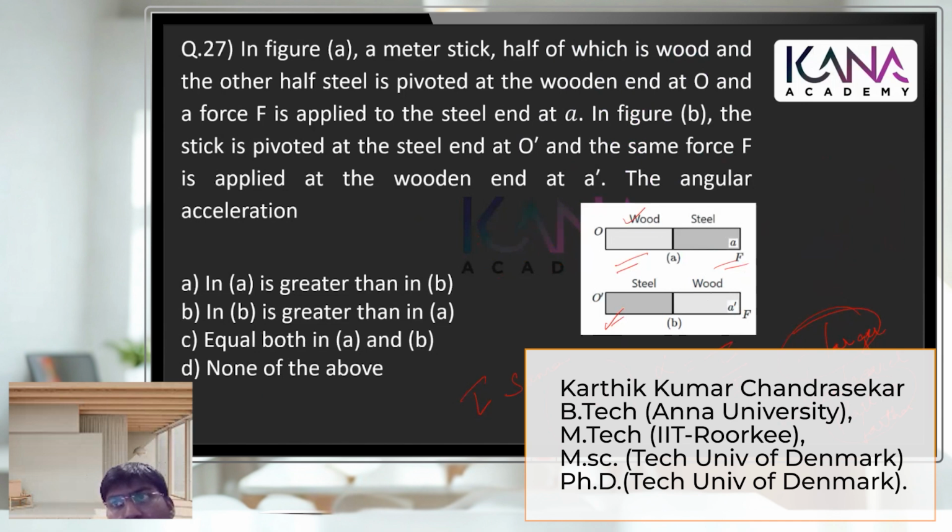In case A, the pivot is at the wood end, so steel is far. So in the first case I is larger, and if I is larger, angular acceleration is smaller.